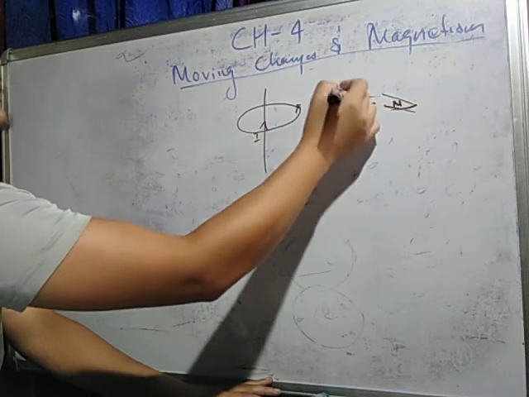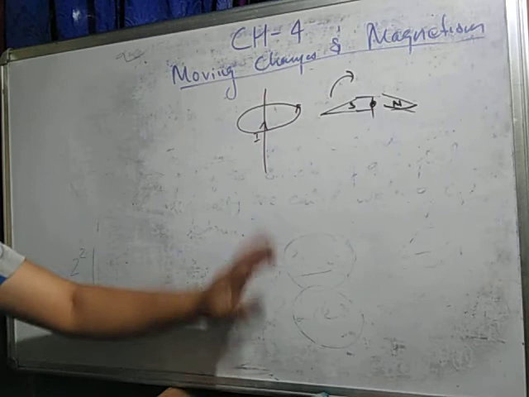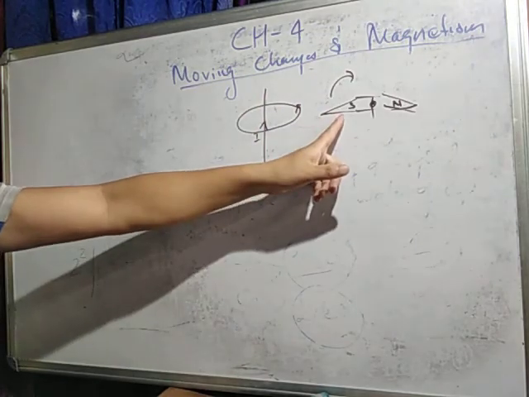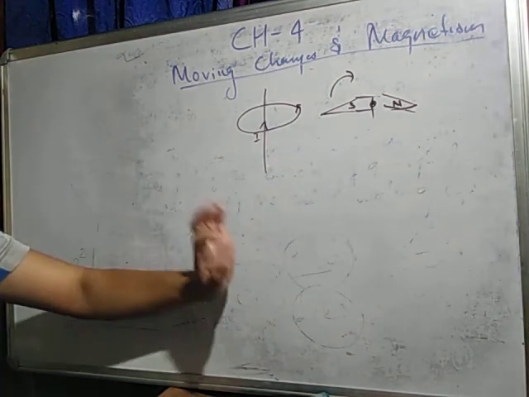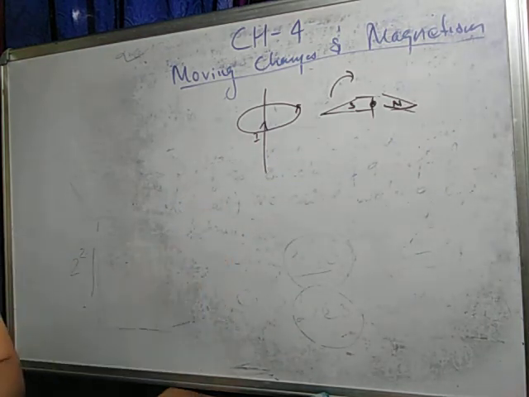If there is current, the needle deflects. This was done by our famous scientist Hans Christian Oersted in the year 1820.